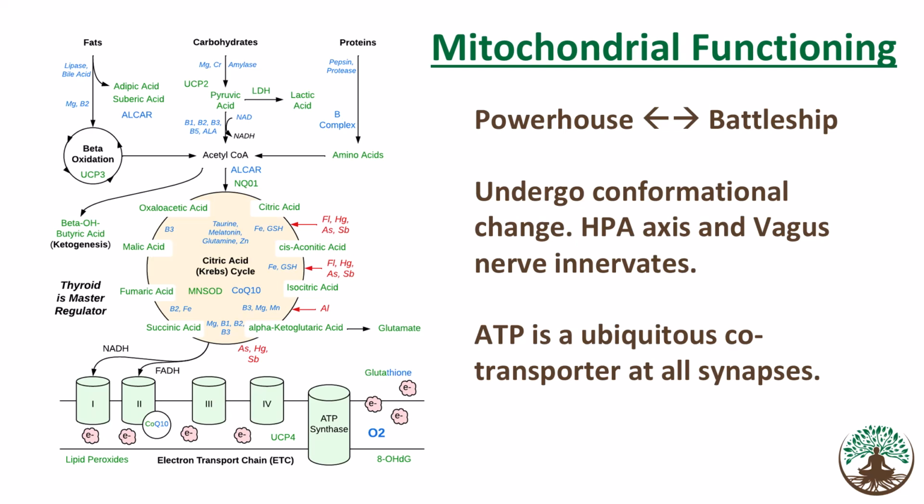and aging. Among several forms of injury, the injury can even be psychological as the HPA axis and vagus nerve innervate the mitochondria. ATP is a ubiquitous co-transporter at all synapses and neurotransmitter receptor sites, so it would benefit us to take a closer look.